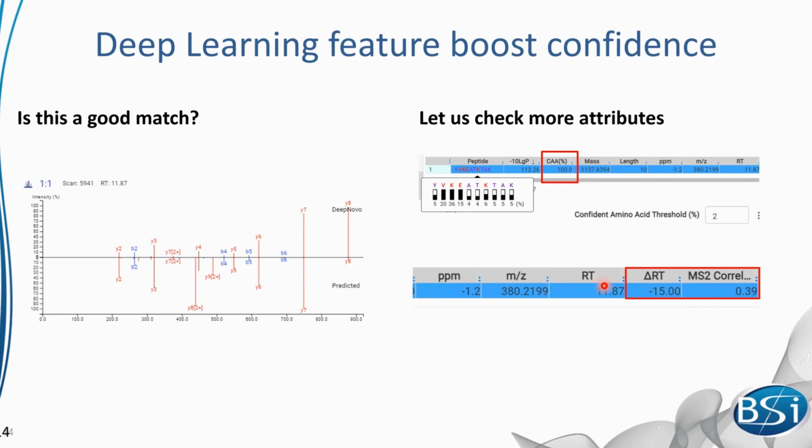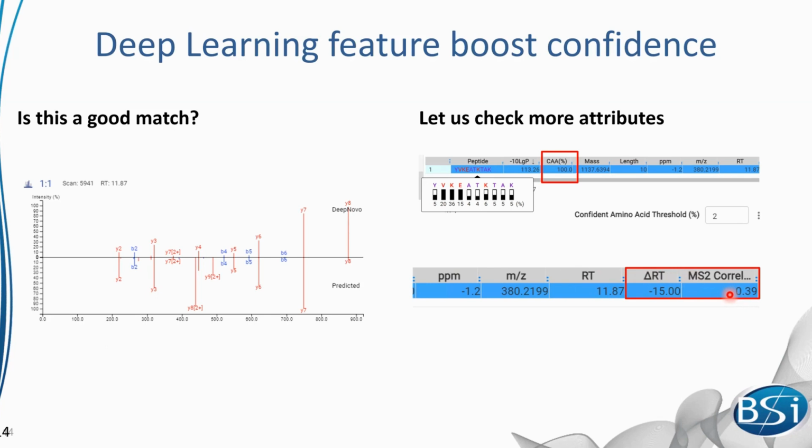So here, the first is the delta RT. If you remember from the last slides, for this data set, most of our peptides should have a delta RT of less than 10 minutes. So obviously, this is the outlier, and the delta RT is not good. And then we check the MS2 correlation. It's also very low, just 0.39.